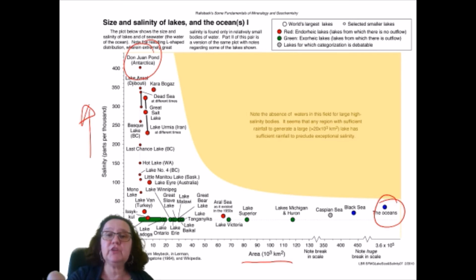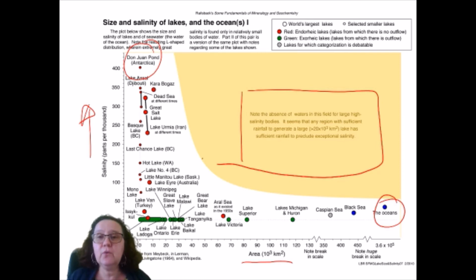But notice that this curve has an L shape. There are no values in this area of the graph. There are no very large water bodies that are at the same time extremely saline. The reason is probably that if a water body is large enough to have been generated, there must be sufficient rainfall to produce it, and sufficient rainfall will keep salinity under control.